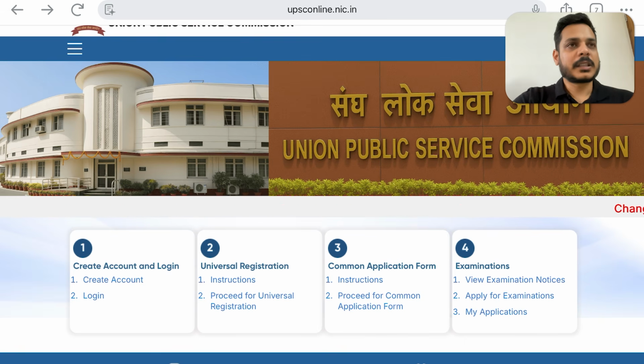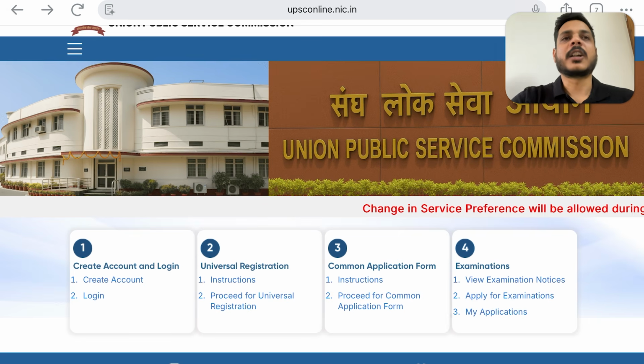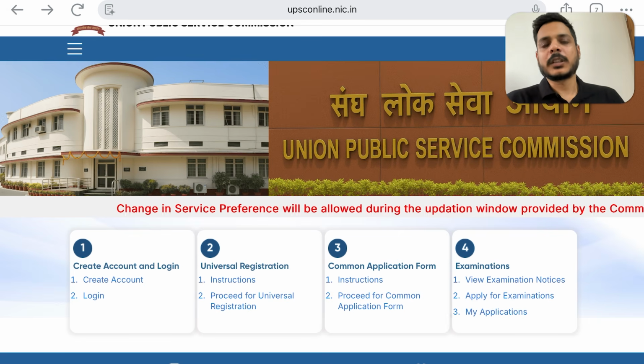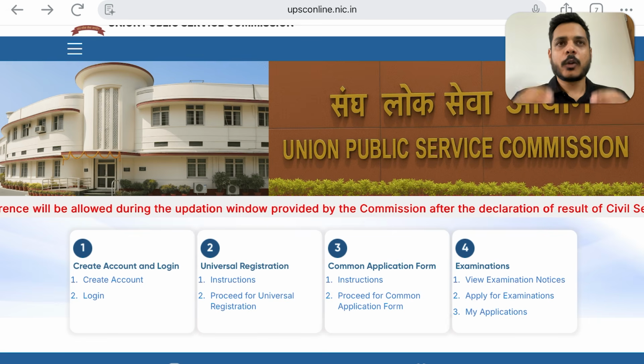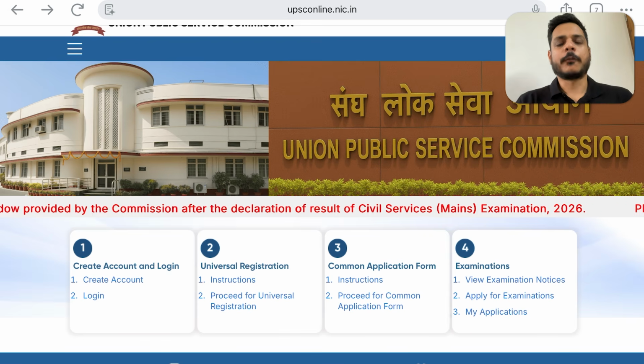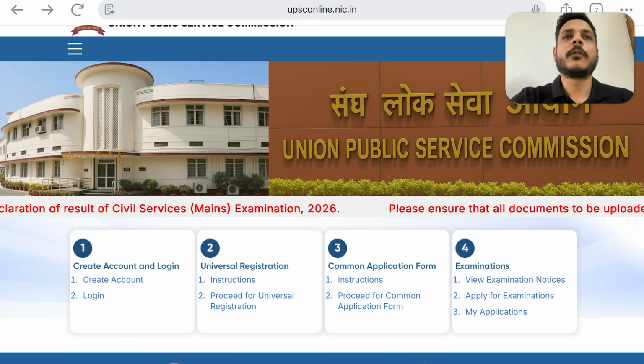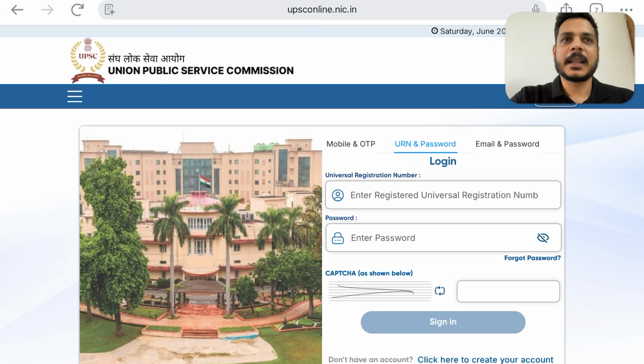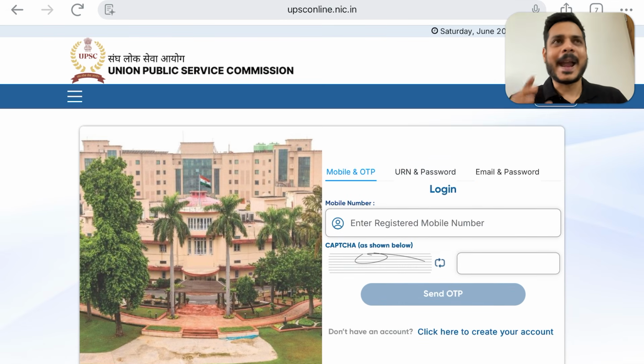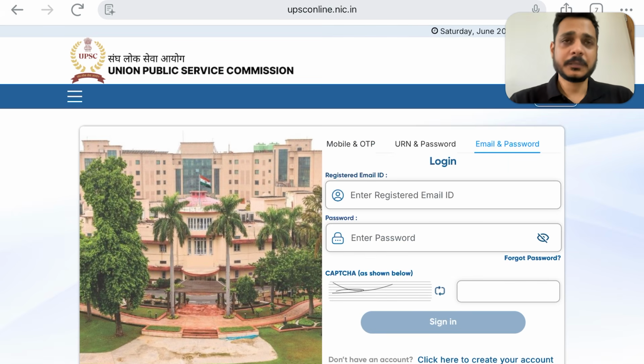Then you have universal registration. Third is the common application form, and the fourth is the examinations. Out of these, you will have to go to the fourth box and click on the second point, that is apply for examinations.